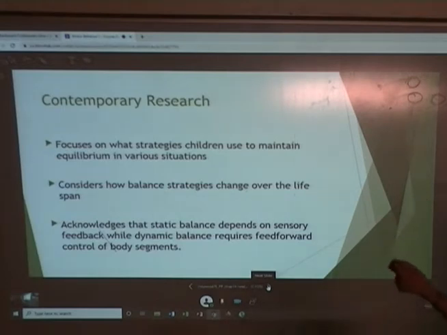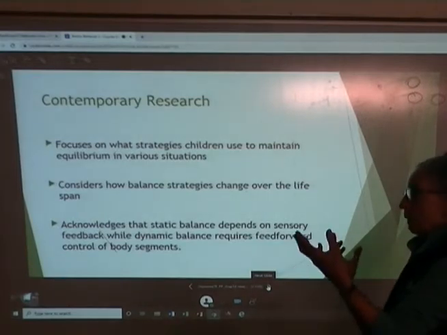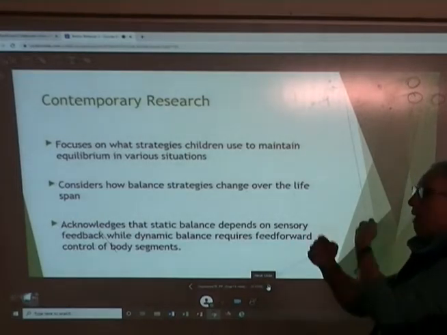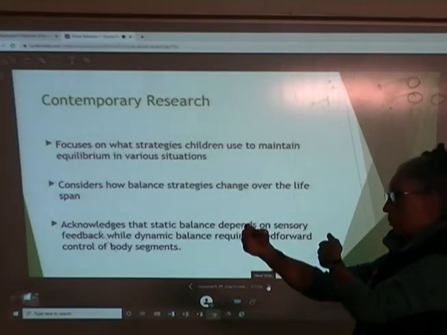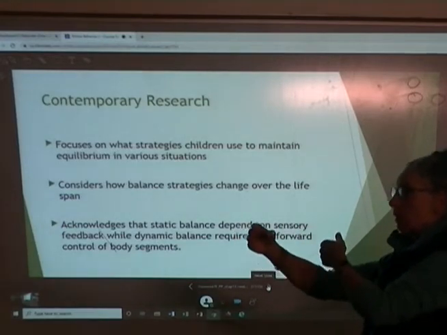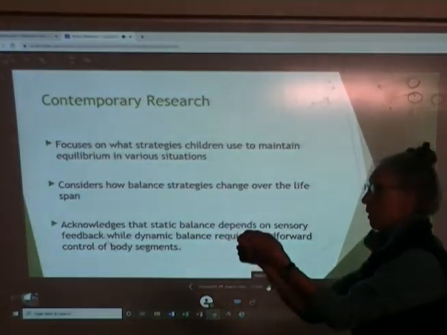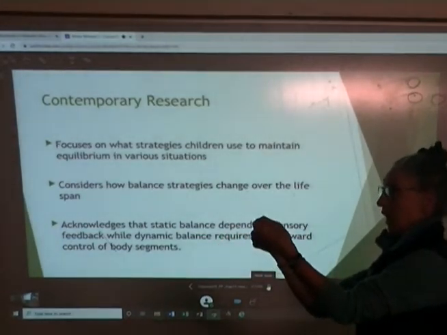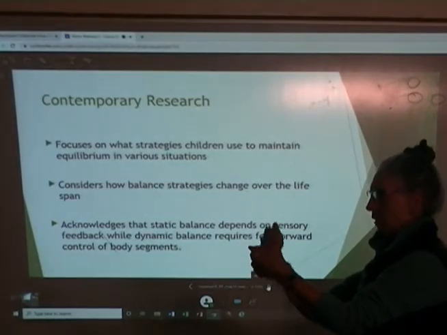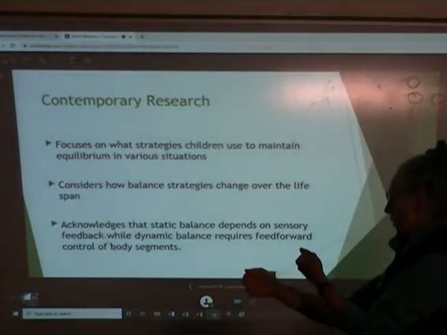So what we see with dynamic balance tasks is that we have a feed-forward system, right? The brain preps the musculature ahead of time to keep us on balance.